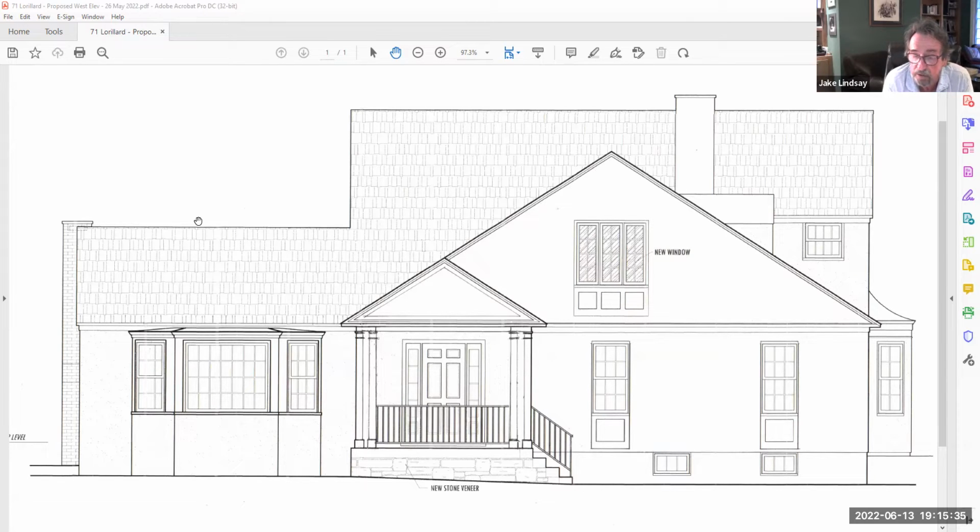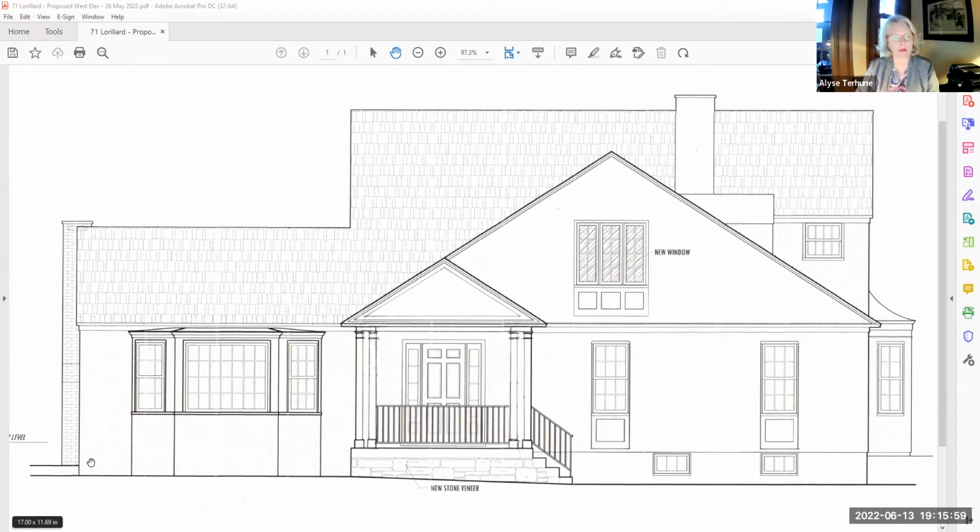I think it's a great little project, a nice addition to the home. It's certainly within character of that neighborhood. And I certainly would support the granting of a zoning change.